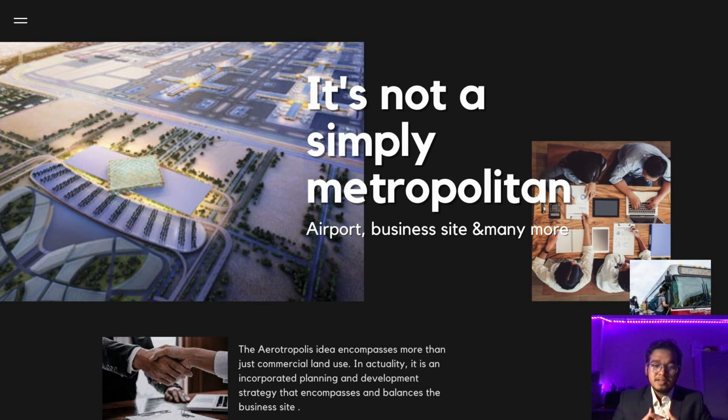The Aerotropolis idea encompasses more than just commercial land use. In actuality, it's a planning and development strategy that balances the business side and the revenue growth of the companies that are investing.